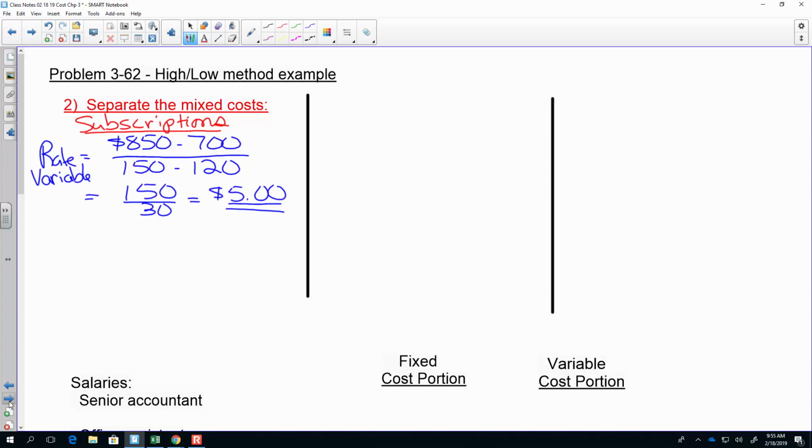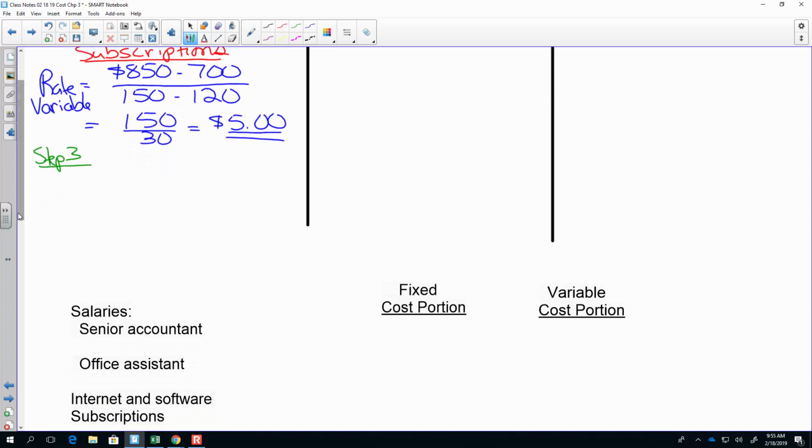How are we doing? Okay. That's step 2. What's step 3? Like the equation. Not quite. We got to figure out, we got the variable now. We got to get what? Of the variable cost, the fixed cost. Right.